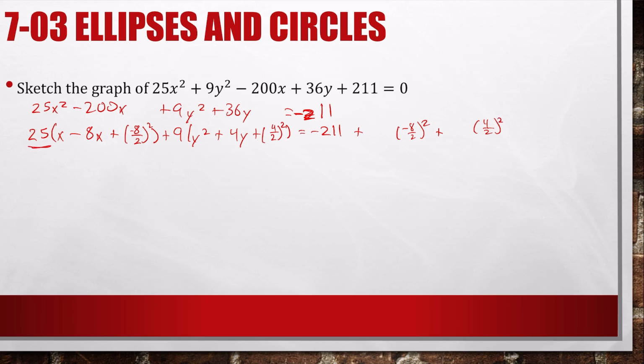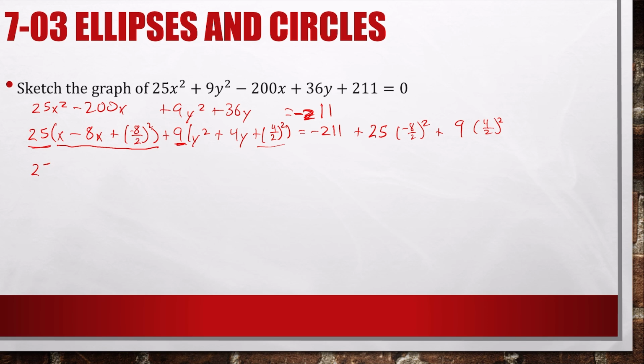We have this 25 out here, which means there's 25 of these parentheses. So I've actually added that (8 over 2) squared 25 times. So on the right side, I need to do it 25 times. And for the y, there's 9 of the y groups, which means there's 9 of these (4 over 2) squareds. So I need to add 9 of them to the right side.